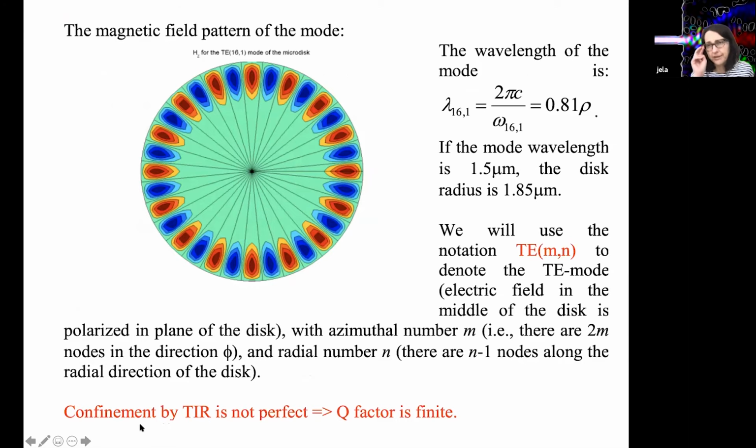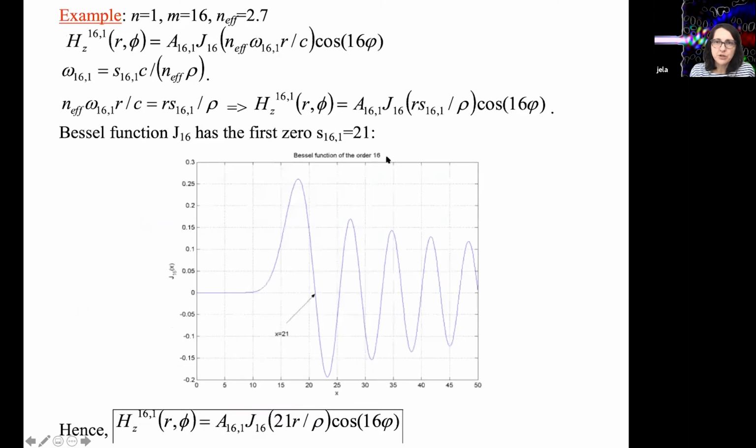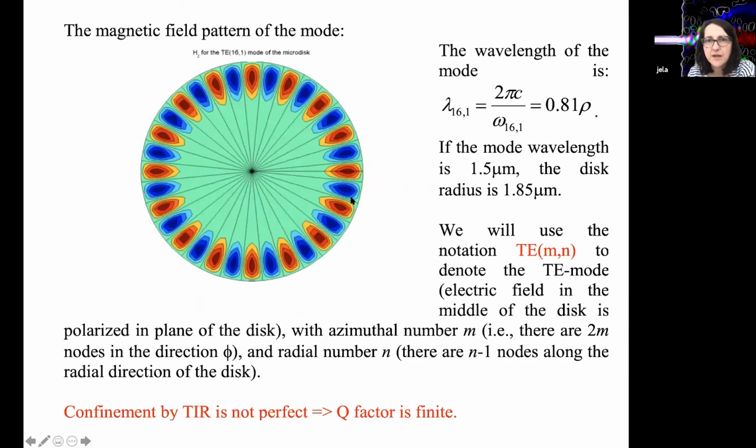The other thing that I'd like to emphasize before we take a break is that we plotted this by multiplying the Bessel function with cosine 16 phi. Keep in mind, again, what we emphasized before, that there are two solutions that are degenerate. One is cosine 16 phi, the other is sine 16 phi, or cosine m phi, sine m phi. So how would the other one look relative to this one?